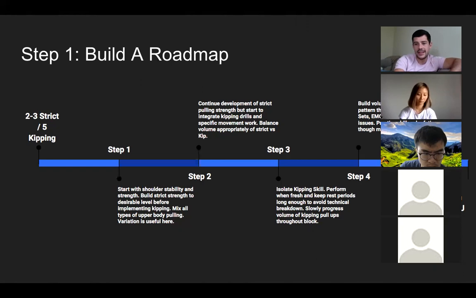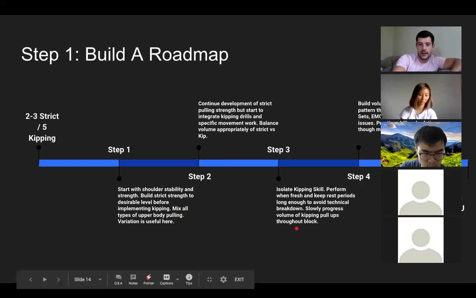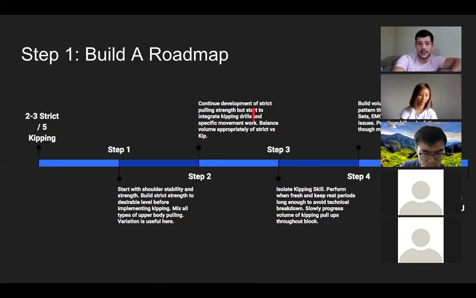Each one of these steps builds upon the last one. These kipping drills rely on the fact that you've got shoulder strength and stability from here. Then the isolated kipping skill relies on the fact that you've developed a nice kipping movement from your drills. And then your volume build relies on the fact that you've developed a really nice skill here.